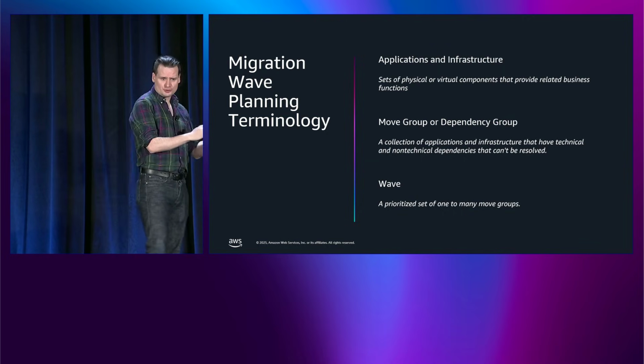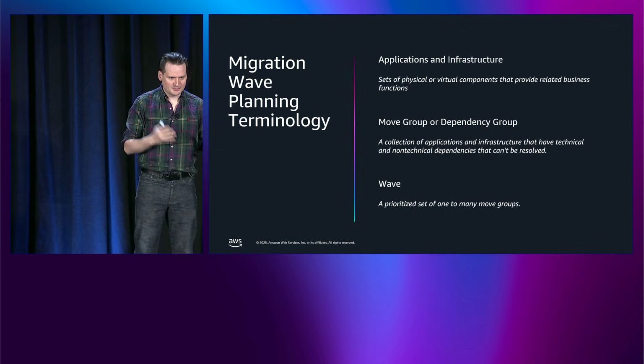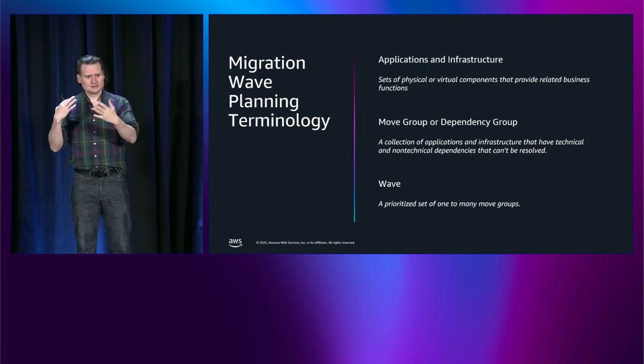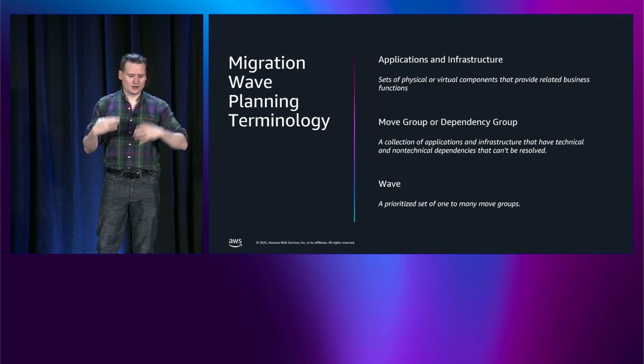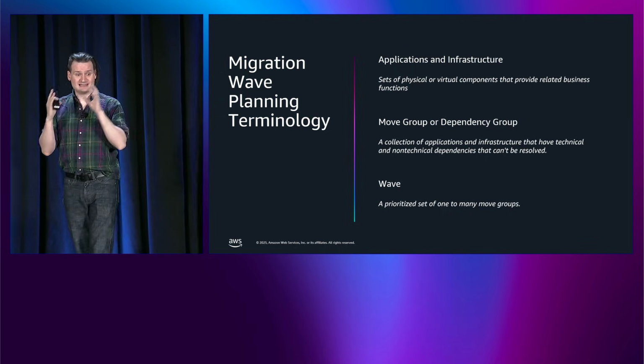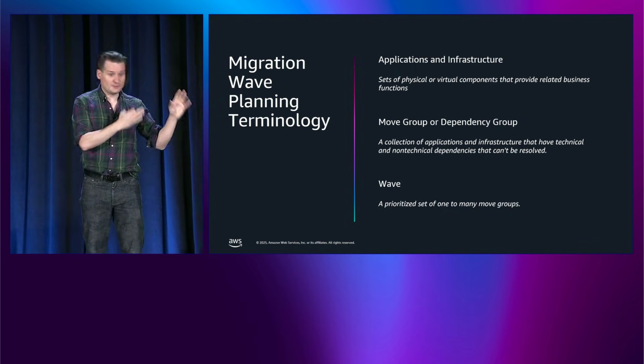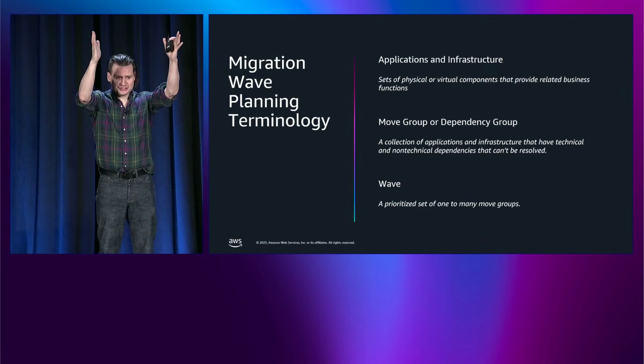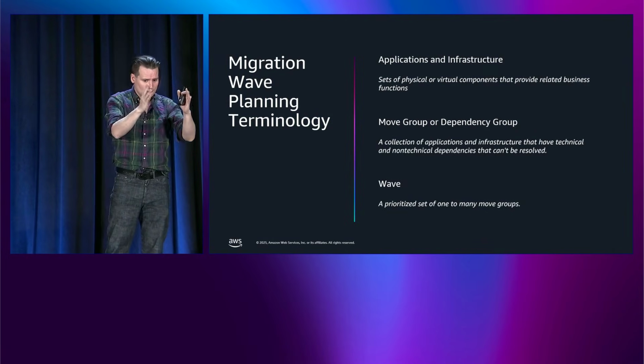That's what we call the move group or the dependency group. I'll be using these terms in the demo, so useful to keep in mind. And then ultimately, lastly, is the concept of a wave. And a wave is simply a prioritized, ordered list of dependency groups or move groups. It is going from my apps to my move groups to waves.